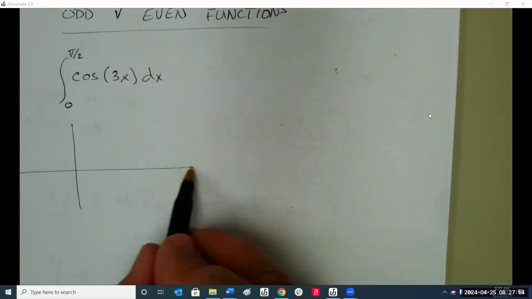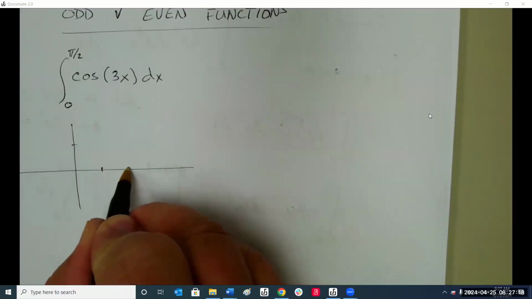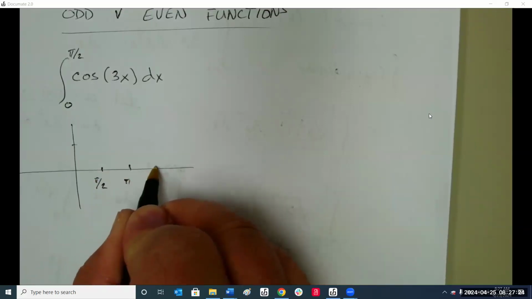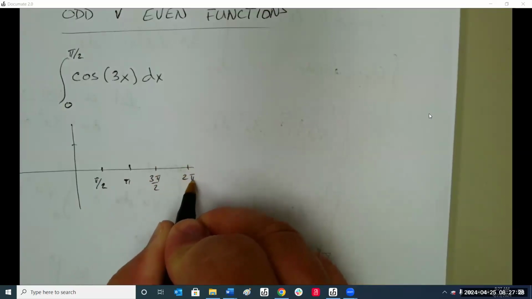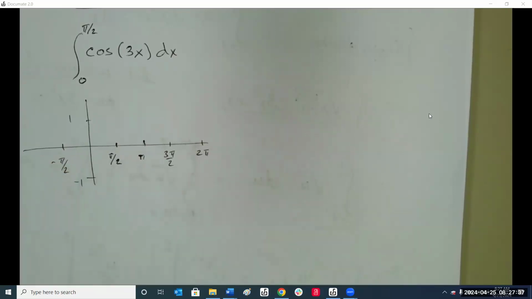The graph of this one is a cosine function. So the traditional cosine function looks like this.